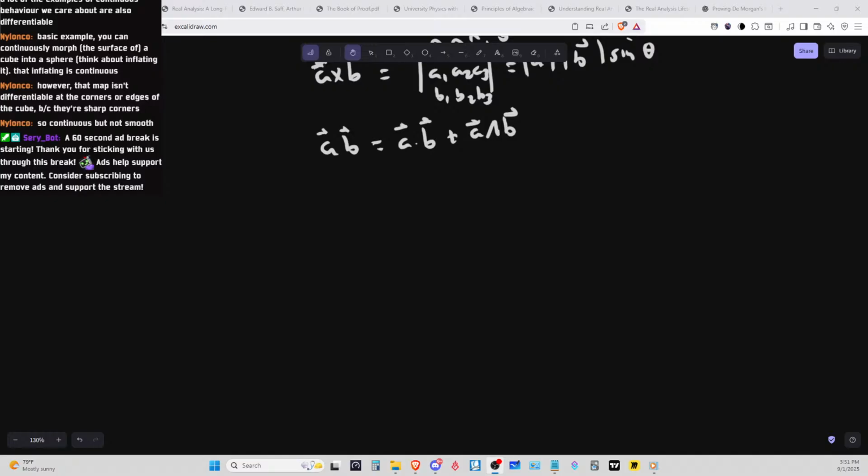That inflating is continuous. However, that map isn't differentiable at the corners or the edges of the cube because they are sharp. So, continuous but not smooth. Okay. So you're saying that the moment of it inflating into the ball, or at least the sphere, is the act of being continuous.